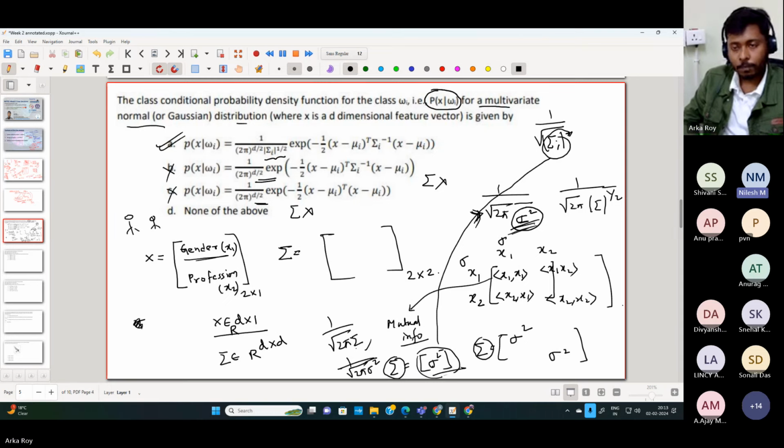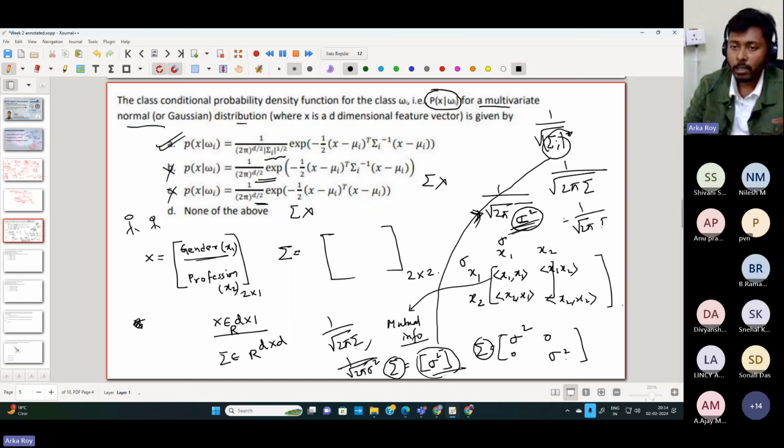Sir, but why sigma to the power one half? It should just be sigma then, right? Okay, so as you are saying, as I am getting sigma square, even if I write 2 pi sigma, eventually I will get 2 pi sigma out of it.